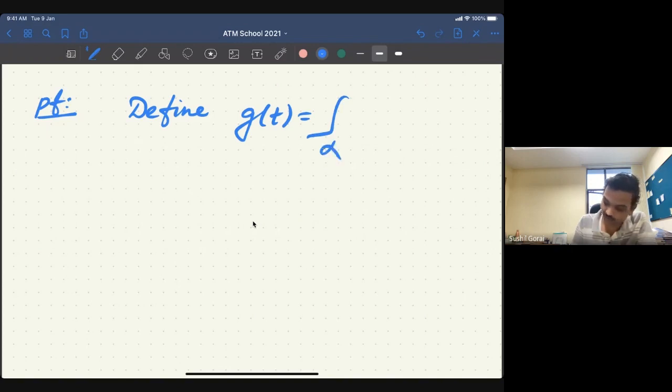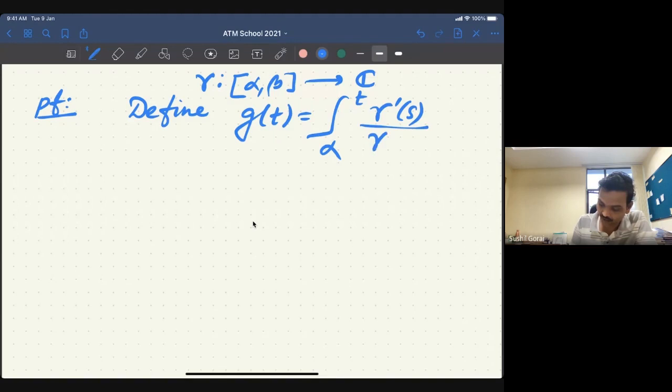So if gamma is from alpha beta to C, then you define g(t) to be the integral from alpha to t of gamma prime s by gamma s minus a, ds. So g(t) will be differentiable.